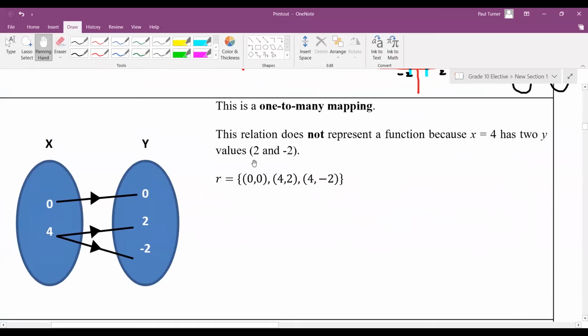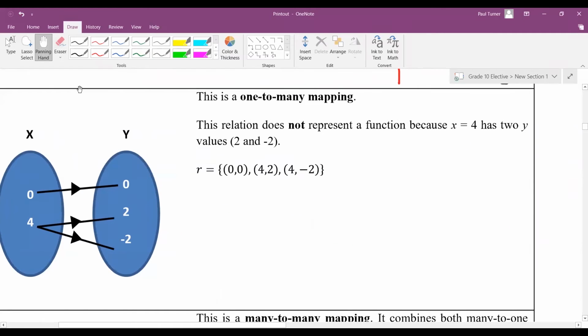Okay, another one could be a 1 to many. So for example, one number, which is the 4, to many numbers. So 1 to many being more than 1. Okay, so we have 0, 0, 4, 2, 4, minus 2 there.